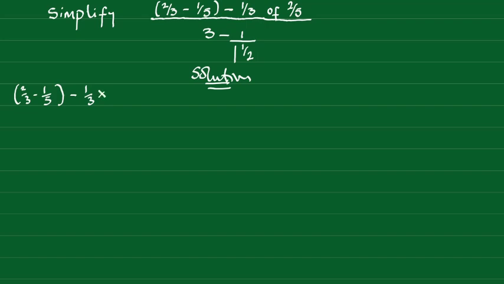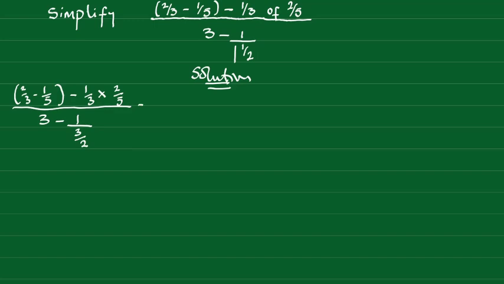We change our "of" to multiplication here, all divided by 3 minus 1 over, we convert our mixed fraction 1 1/2 to an improper fraction. We have 2 times 1 gives us 2 plus 1 gives us 3. So we have 3 over 2.